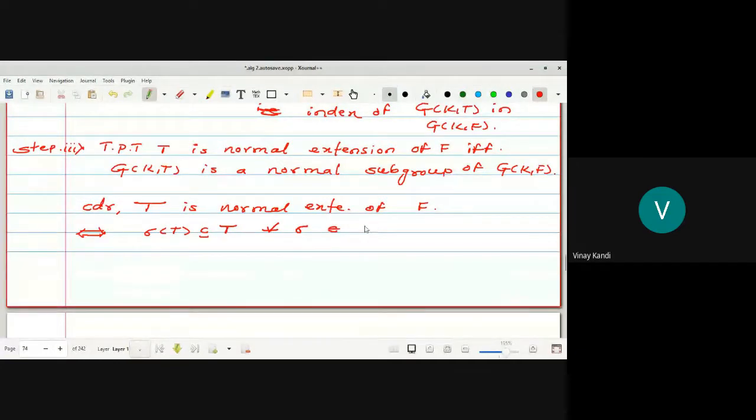In the previous lecture we proved this: sigma of T is contained in T if T is a normal extension of F, for all sigma in G(K/F). So what is the meaning of this? It means sigma of t belongs to T for all t belonging to T, and for all sigma belonging to G(K/F). Is it correct?